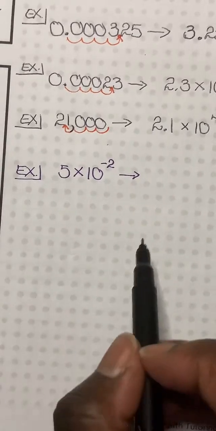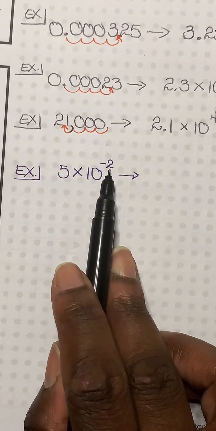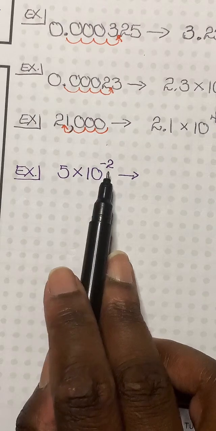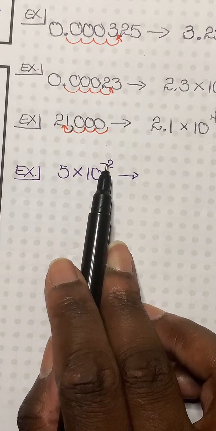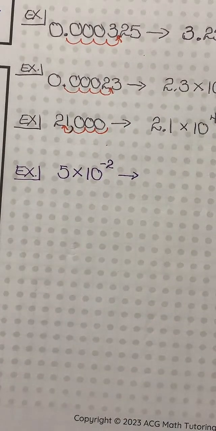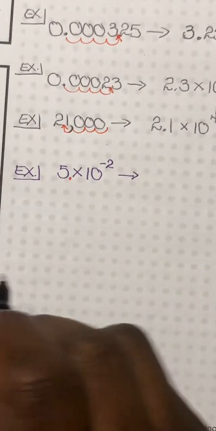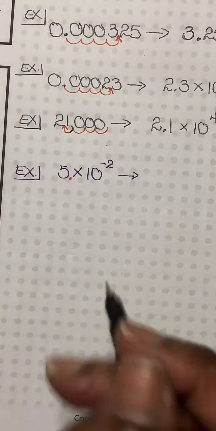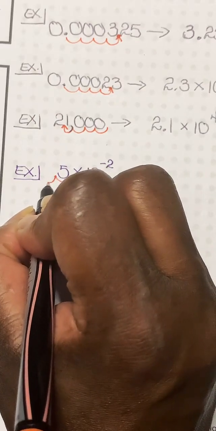All right, so let's think about it. We have a -2. That means I need to move my decimal point. If we're coming out of this format, we need to go in the negative direction. The decimal point starts right here behind the 5, and we need to move it 2 places to the left. So this will be 1, 2.